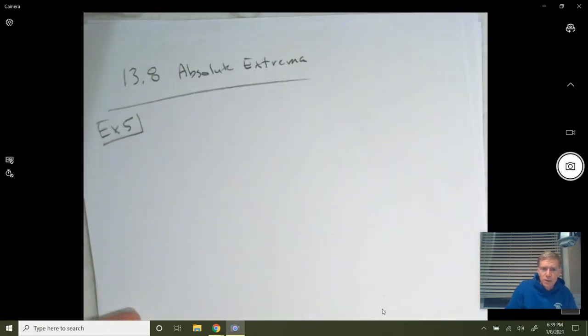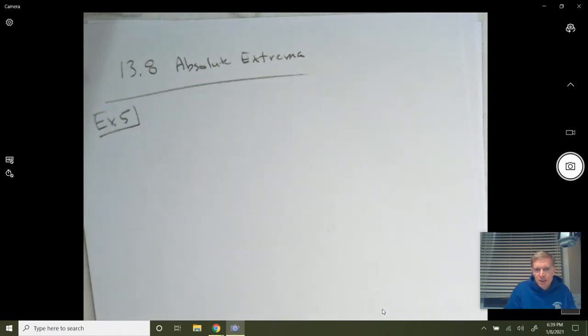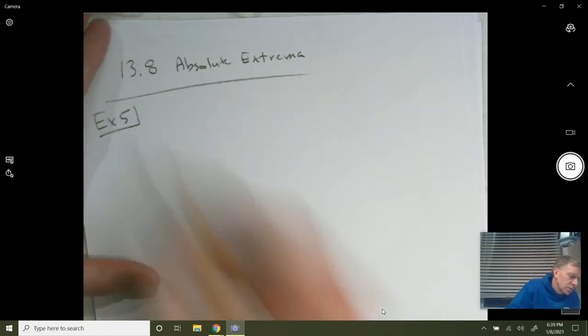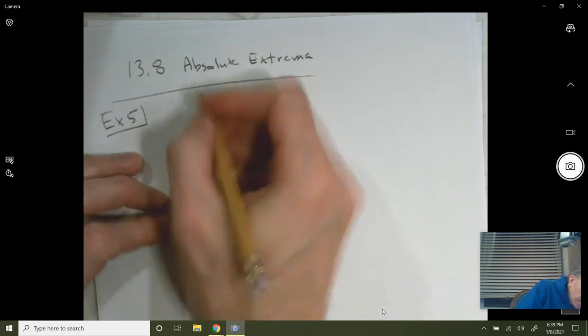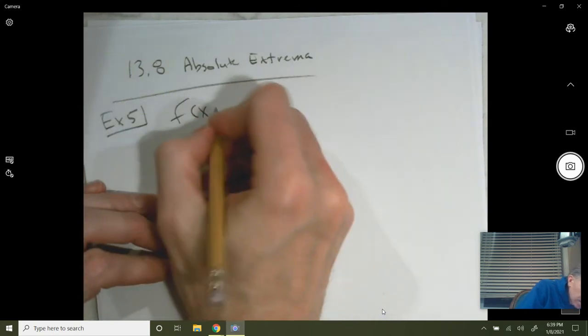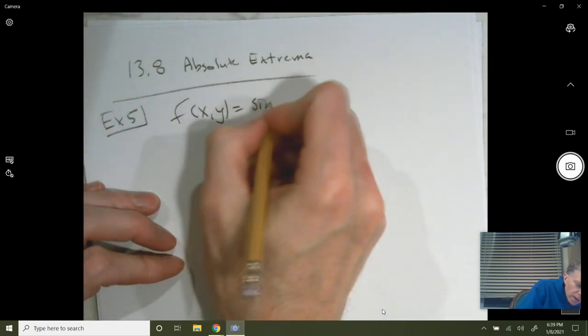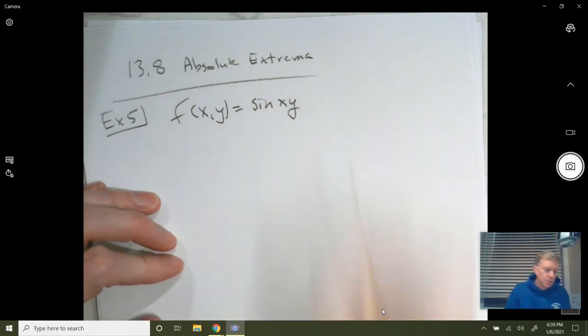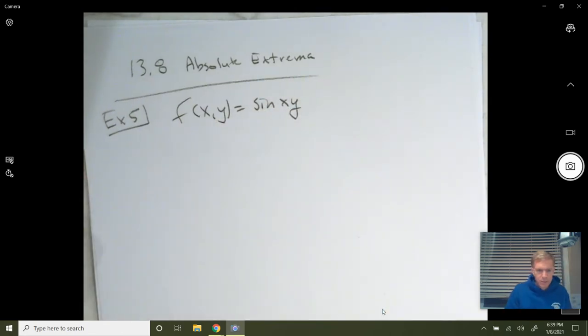Okay. Now, when we have a function of two variables, your domain is actually a region. So here's this problem. You've got f of x,y is equal to sine of xy. So there's your function, and this is going to be some sort of a surface, but you're finding it not on an interval from A to B, but on some region.